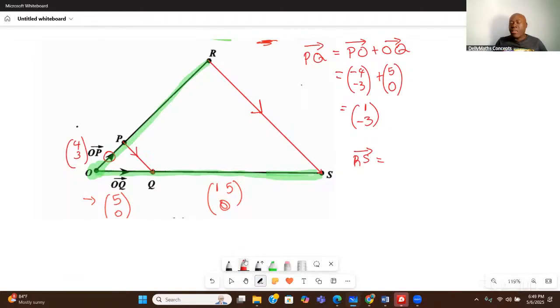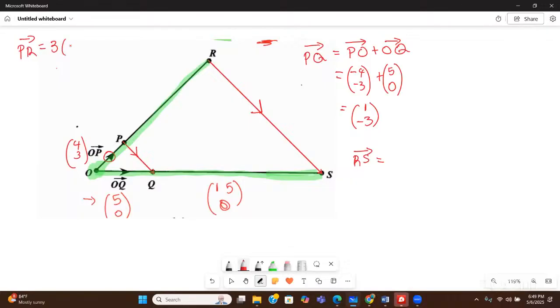The only piece of information that is missing is right here, but they gave us a relationship though. We were told that PR is equal to 3 times OP.